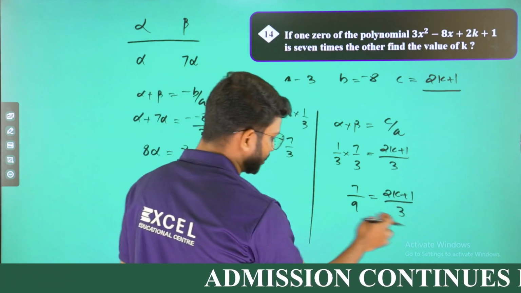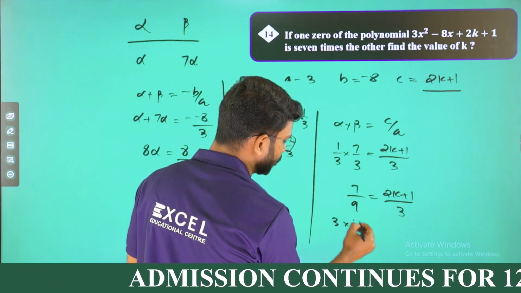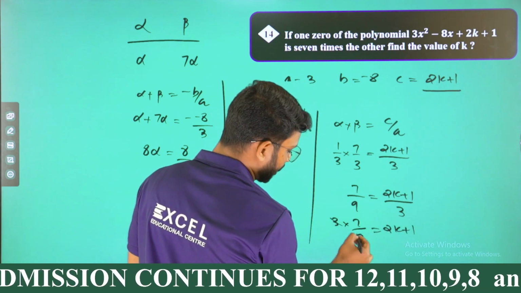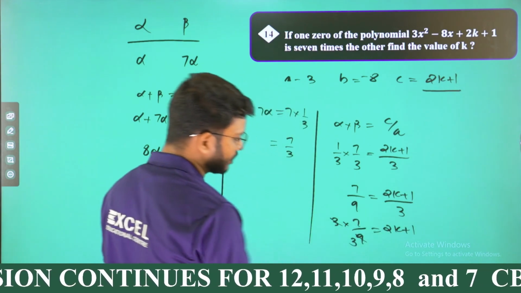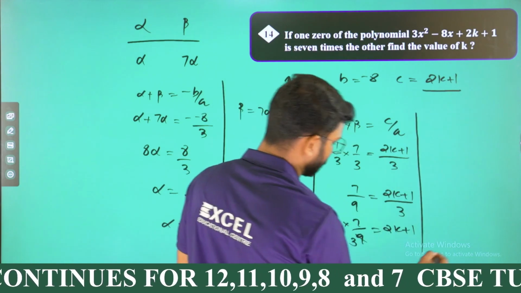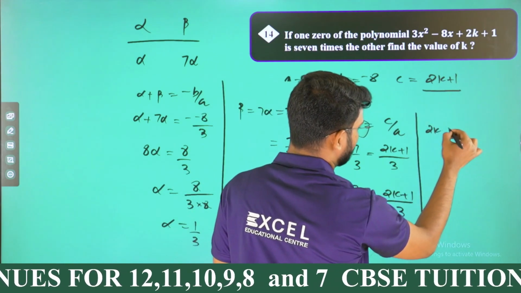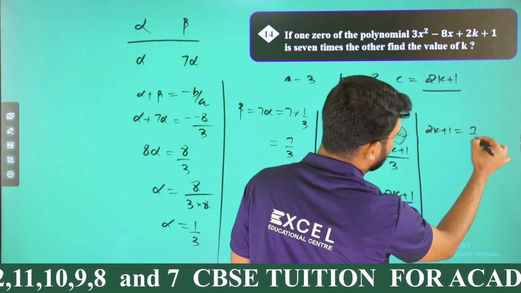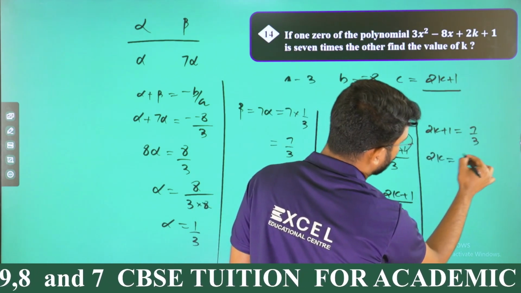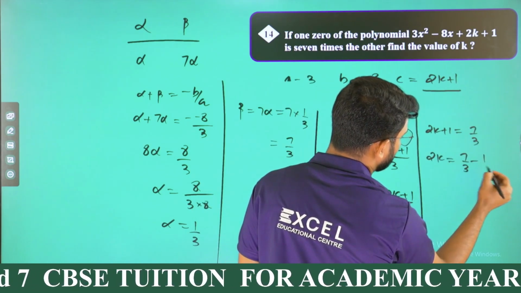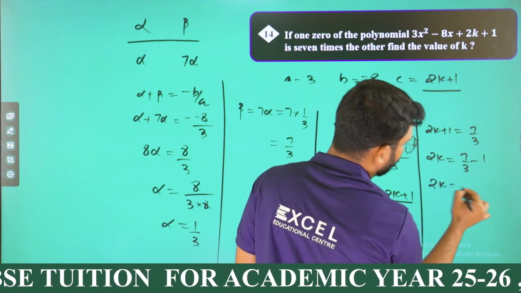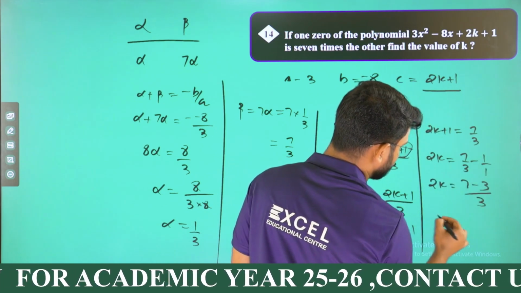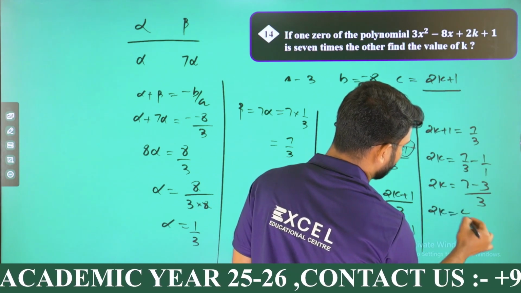Then we can put this 3 to the other side, so it becomes 3 into 7 by 9 is equal to 2k plus 1. 3 and 9 cancel out, so 2k plus 1 is equal to 7 by 3. 2k is equal to 7 by 3 minus 1, so 2k is equal to (7 minus 3) by 3, which is 4 by 3.